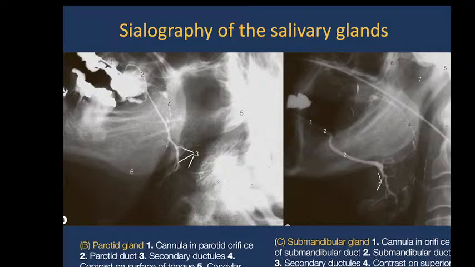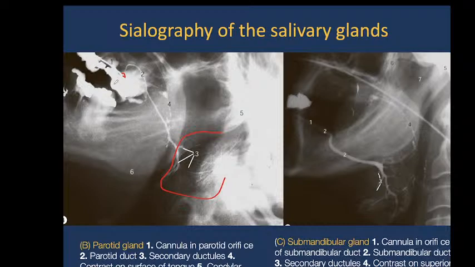Usually it is interesting to see the parotid glands here, and they inject fluid, radioabsorbing fluid inside of the ducts of the parotid glands through the opening in the oral cavity.